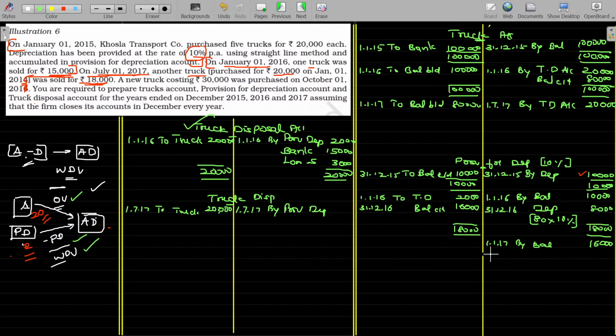Now we have to provide the depreciation as on the date 1/7/17, by depreciation for the asset sold. One of the trucks, original value being 20,000, the rate of depreciation being 10%, and it is used for how many months here? 6 months. 1st July, half year depreciation is eligible when it is sold.